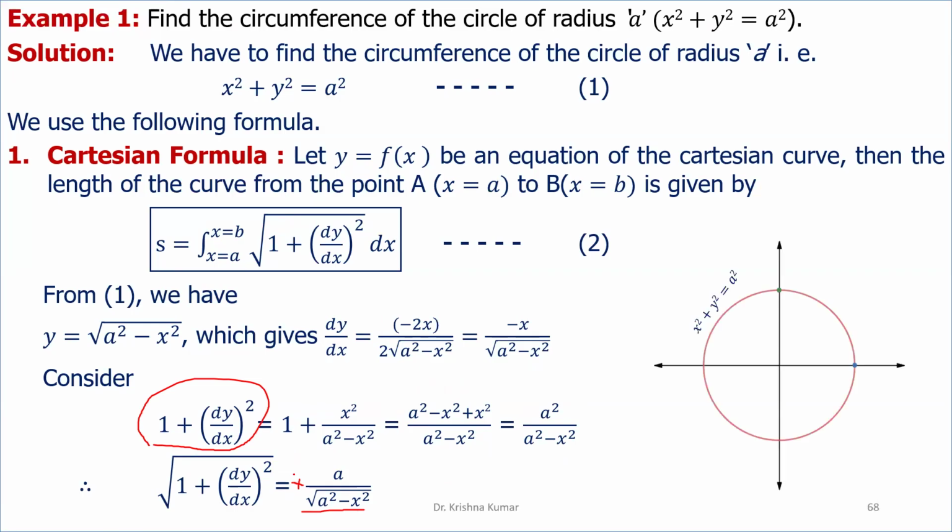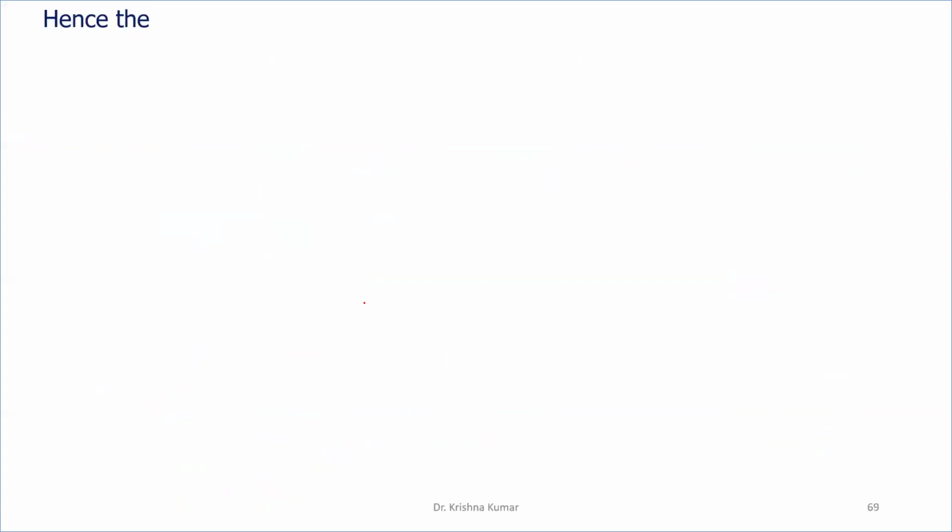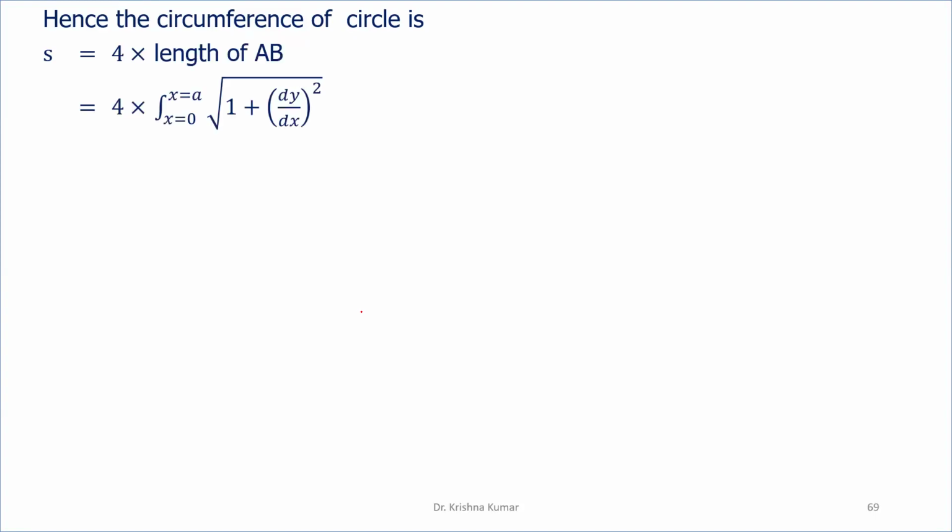Now this is a circle. It is a circle of radius a. This is the center. We want to find this circumference of the circle. Let us substitute this value in equation number 2. Hence the circumference of the circle is 4 times the length of AB. What is the meaning of this?